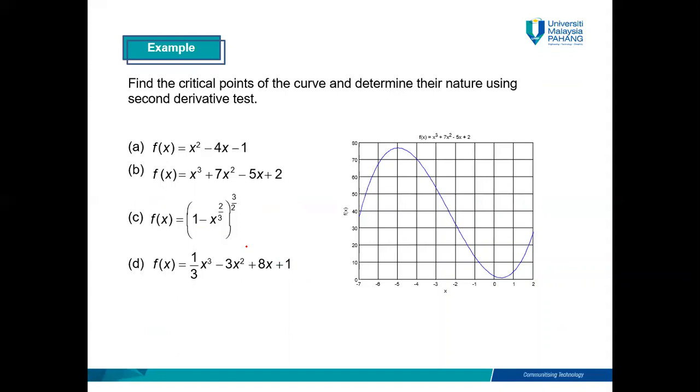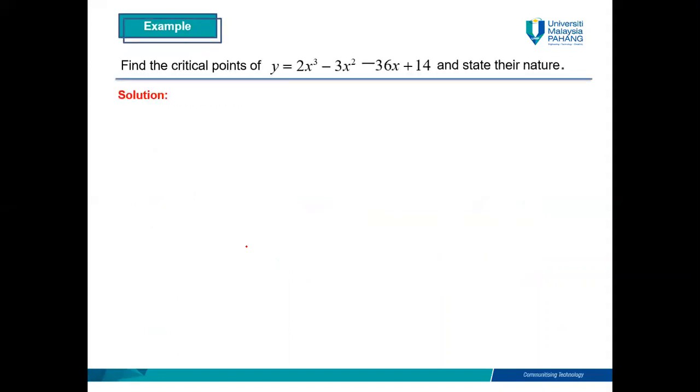Okay, so let's see the example. Find the critical points of y equal to 2x cubed minus 3x squared minus 36x plus 14 and determine their nature. Nature is as usual, we want to see whether it is a maximum or minimum.